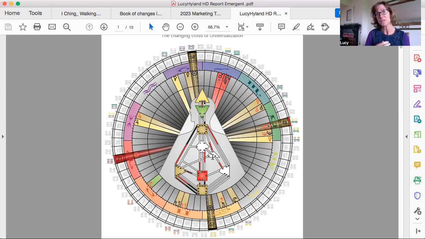Then we move down to what's called the ego, or the heart center. The ego and heart center is the will and commitment that we have to do things for our communities, to do things in the communities that we're in.